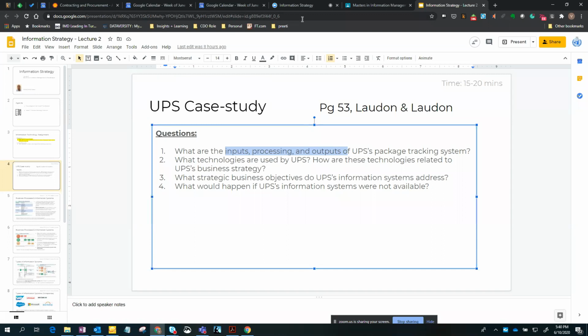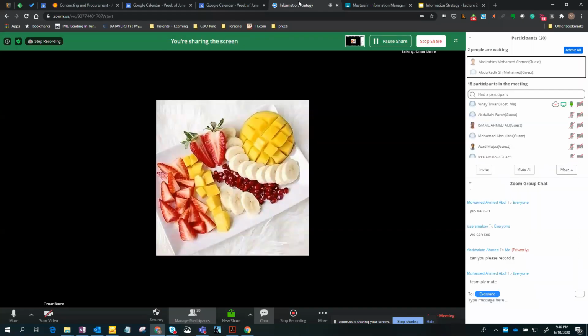Very good. The processing of the UPS data is transmitting to a central computer, and storing or retrieving data, and also recognizing that it can be tracked by the customer account or delivery date or other criteria.